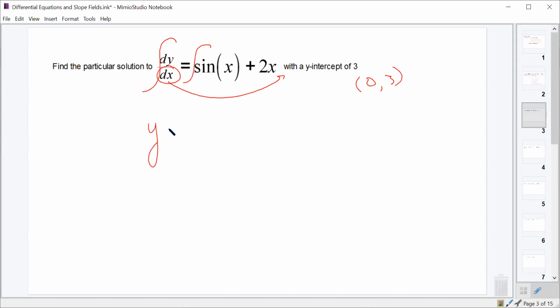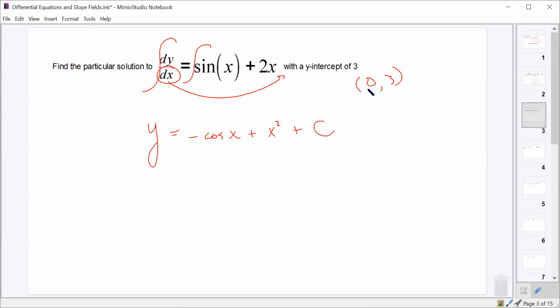So we integrate the sine x to give us, what's the integral of sine? Negative cosine x. And the integral of the 2x is plus x squared, plus some constant.